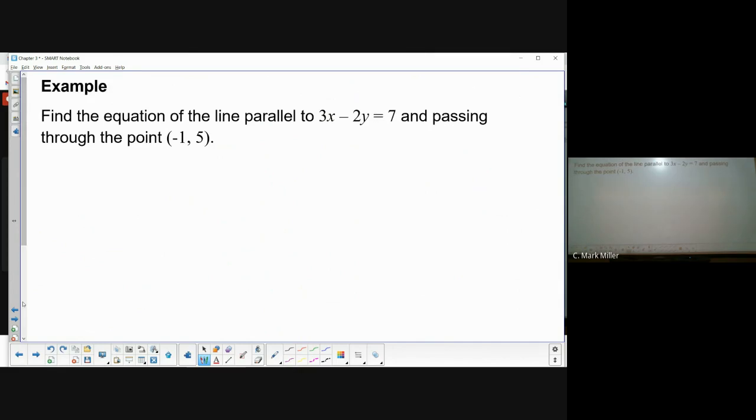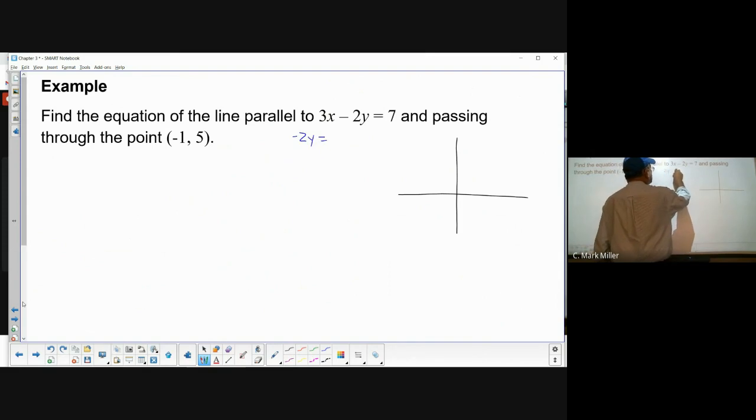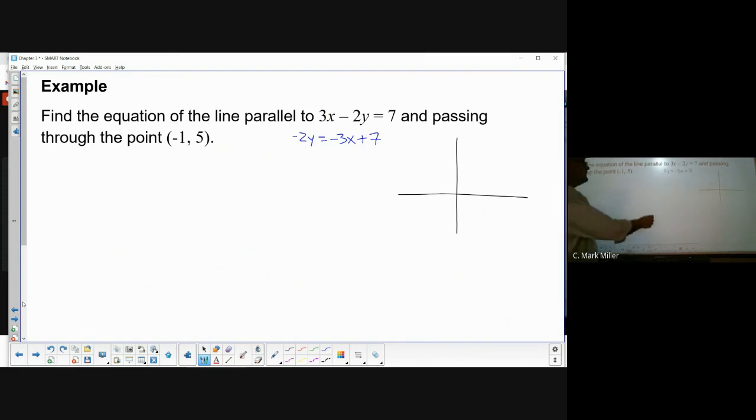Find the equation of the line parallel to this line passing through that point. You don't have to graph these, but you may find that graphing them helps you. So I'm going to graph this one. I've got to find the slope anyway. So what's slope-intercept form for this line? -2y is -3x plus 7. Divide by -2.